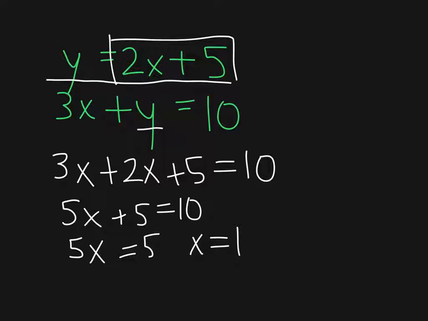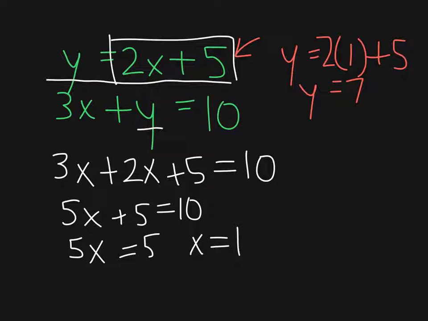Plug that into the first one up here. So it's going to be y is equal to 2 times 1 plus 5. So y should be equal to 7. The last step is key, really important.